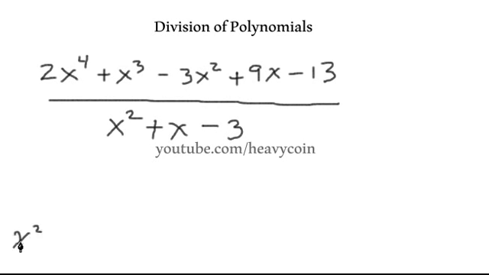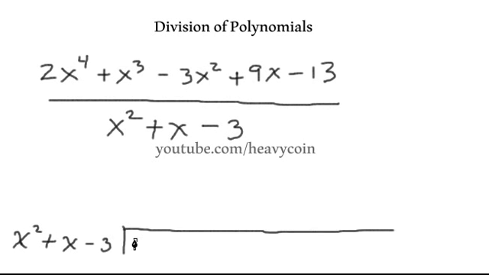I guess I better get busy if I want to get this problem done in 5 minutes. Surely we can do this in 5 minutes. Plus x cubed minus 3x squared plus 9x minus 13.